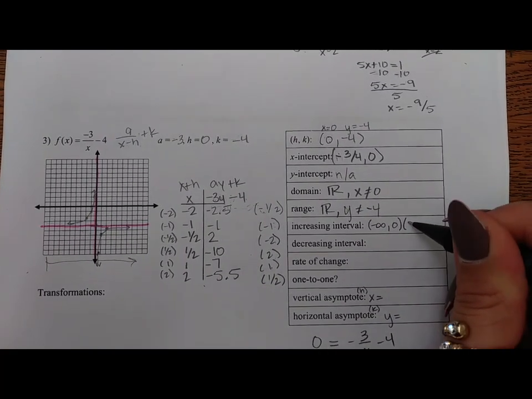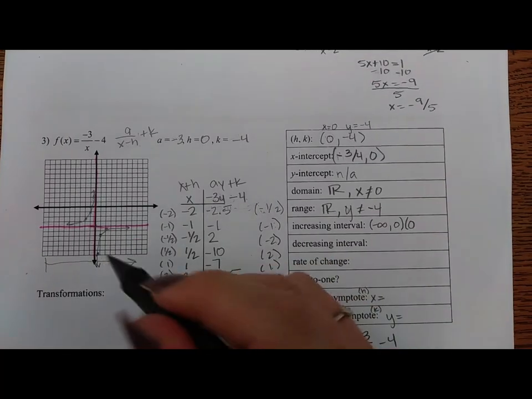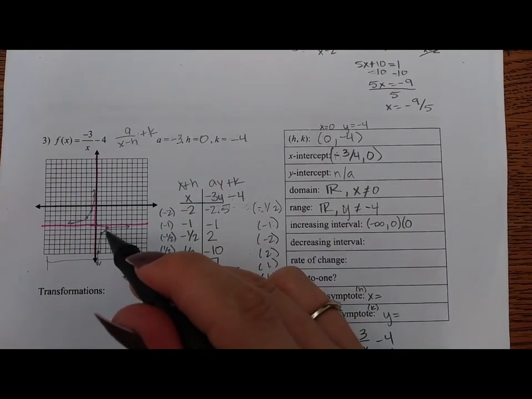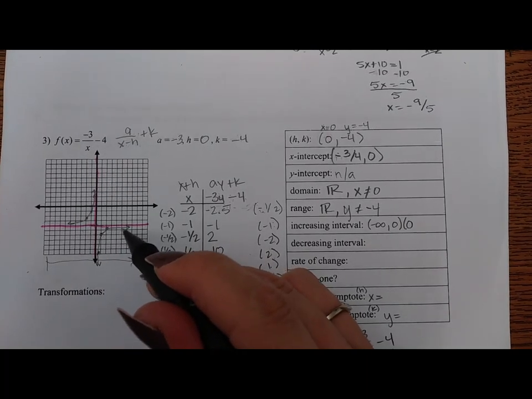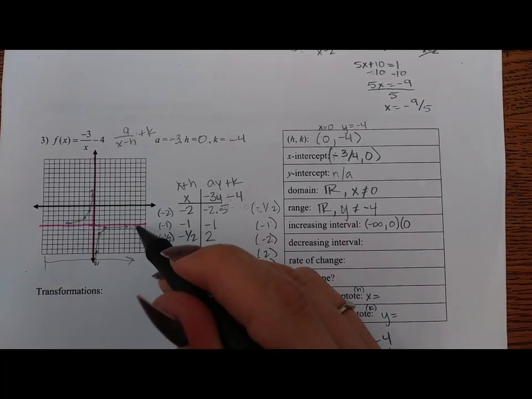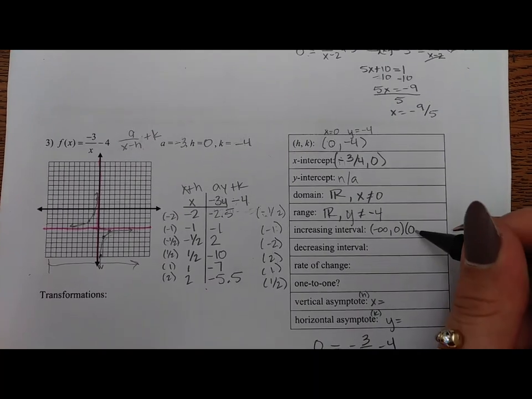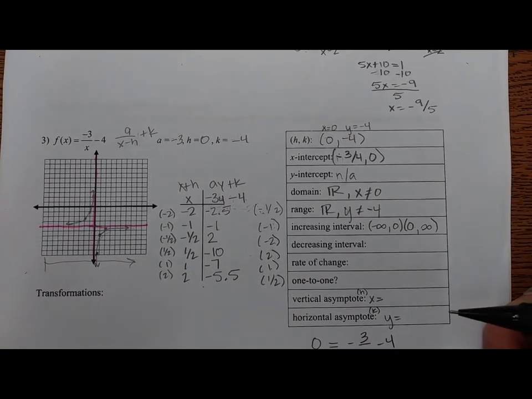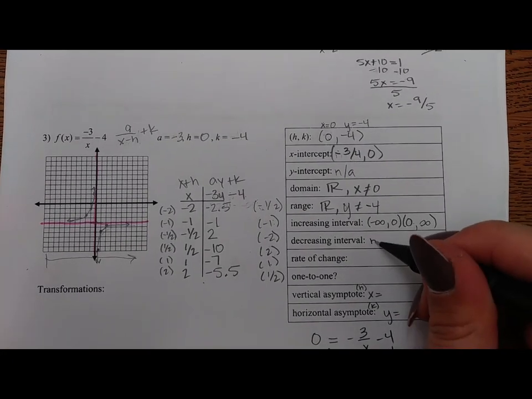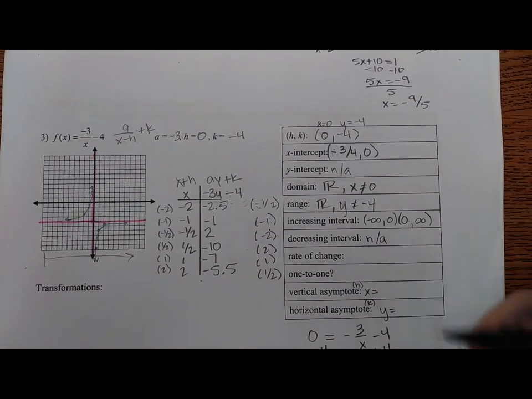And as we leave 0, moving right, it's coming up and increasing. So we're going to say that it continues from 0 to +infinity. Our decreasing interval, because we can only have one or the other, is NA.